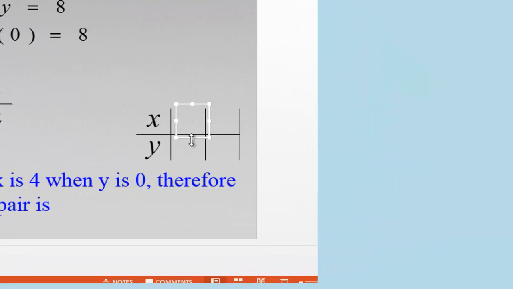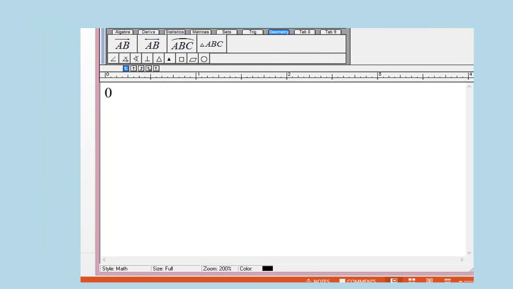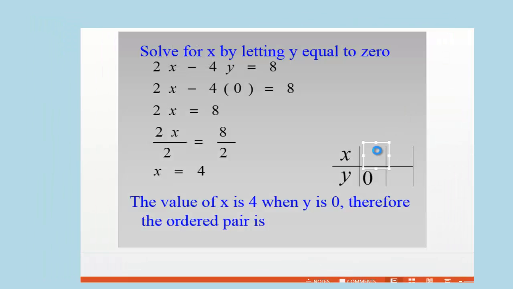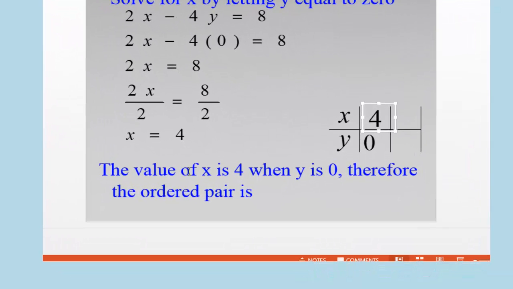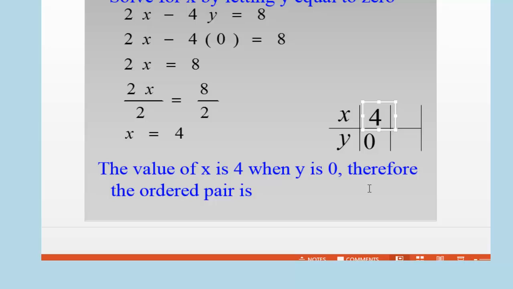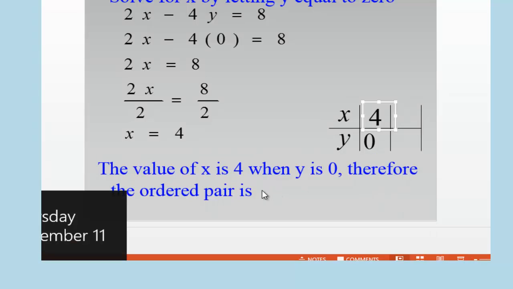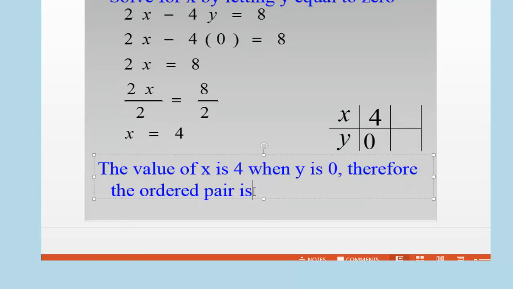Write the result on the table of values. If y is 0, your x is 4. The value of x is 4 when y is 0. Therefore, the ordered pair is 4, 0.